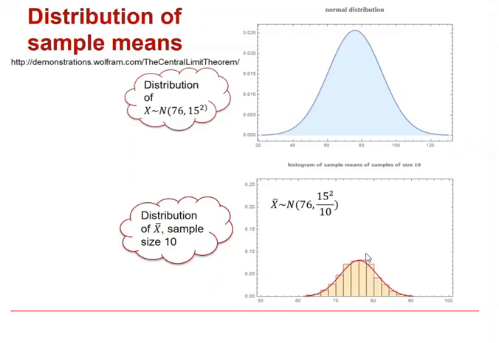So here we have the plot of sample means taken from samples of size 10 from our original population, and evaluating the mean and the variance for these sample means. The mean is 76, the same as the original population mean, but the variance is 225 divided by 10, and you can see that the spread for our sample means is a lot less than the spread for the original population.